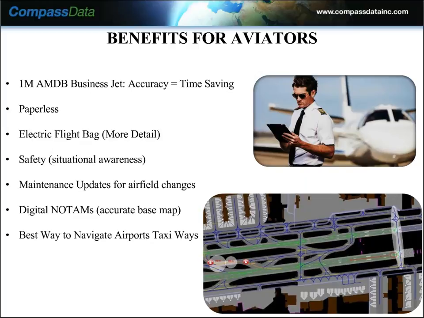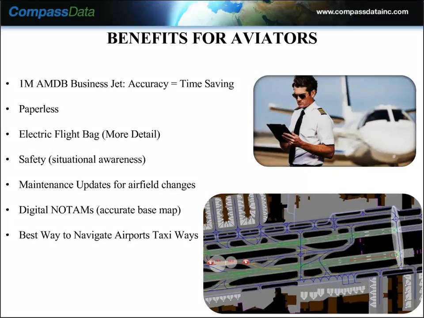So if you're a pilot in a business jet and you have a 1 meter map in front of you in your cockpit and it's really foggy, you can navigate based on that 1 meter map, whereas if it's a 5 meter map, you might be limited on where you can navigate based on your visual capabilities with heavy fog.